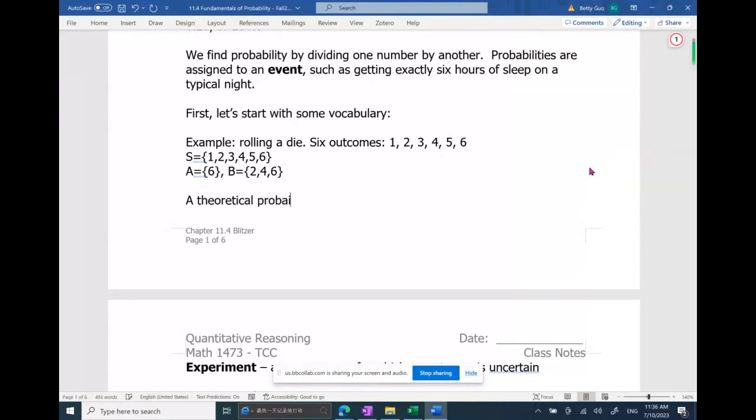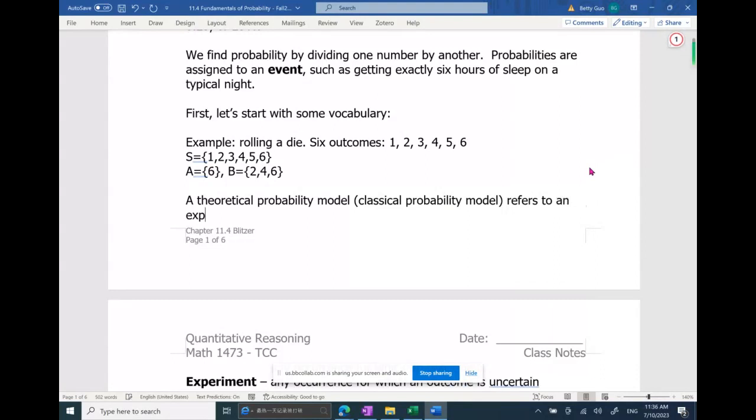A theoretical probability model, also called a classical probability model, refers to an experiment that satisfy the following conditions.